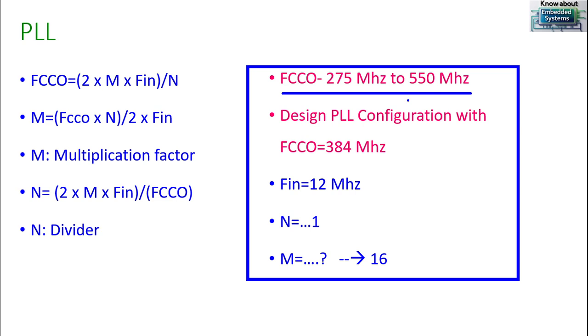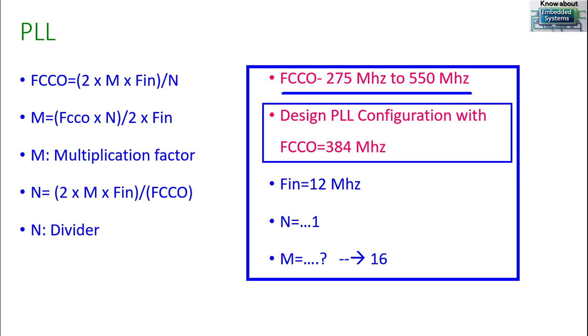In my case, today I'm going to generate the FCCO frequency value of 384 megahertz. I want to design a PLL which has to generate 384 megahertz as the FCCO clock. This is my second important point before entering into the program.